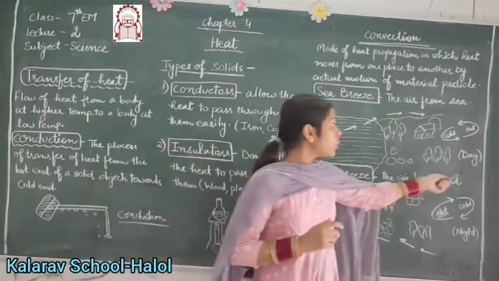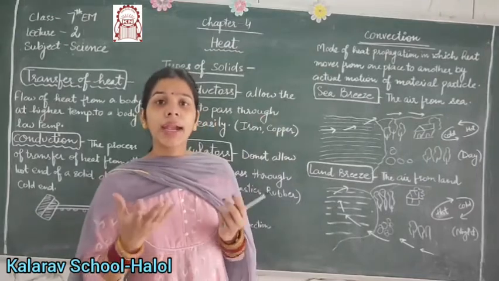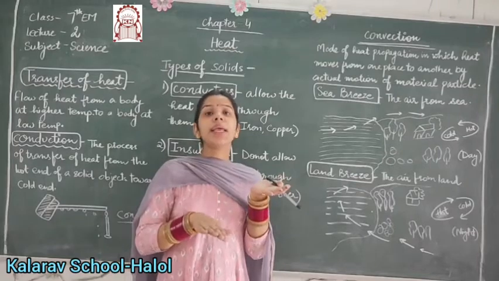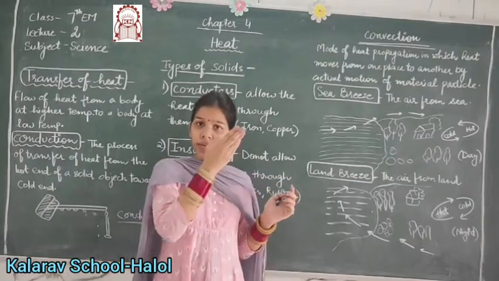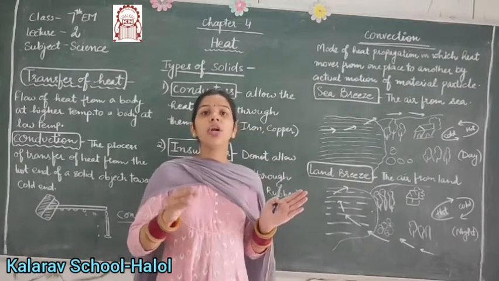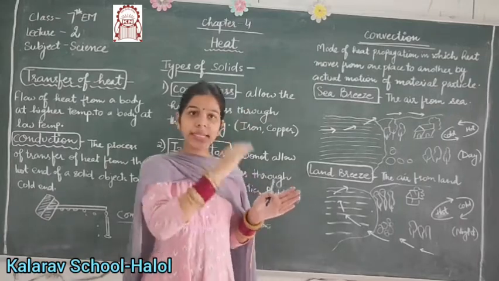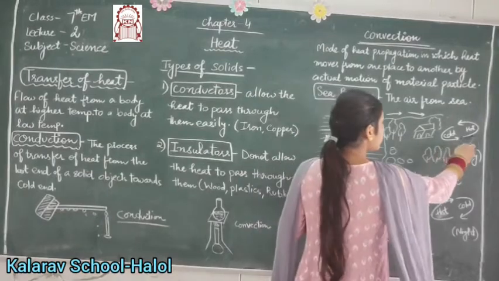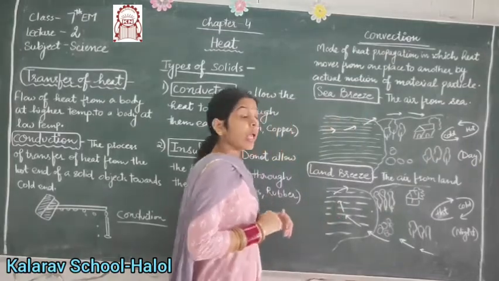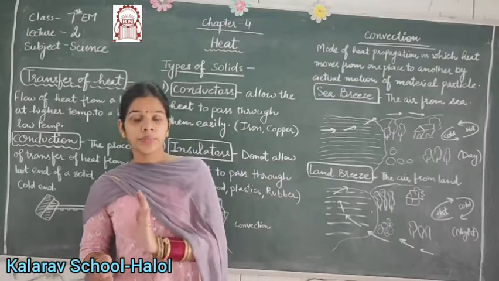In the daytime, the land of the coastal region heats up and the air rises above. To take its place, the colder air from the sea goes towards the land. To complete the cycle, the hotter air goes towards the sea. The air that comes from the sea is called sea breeze.